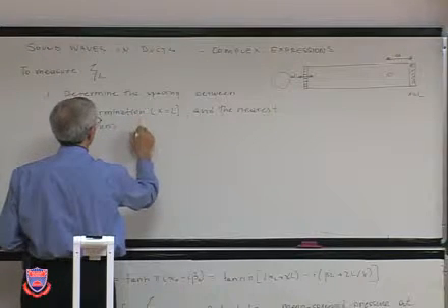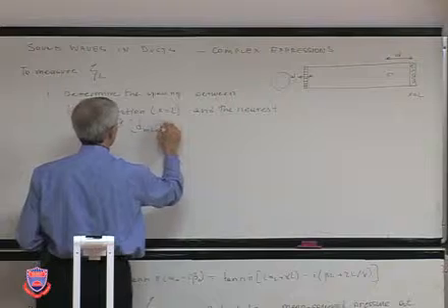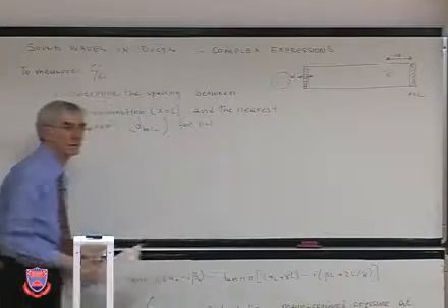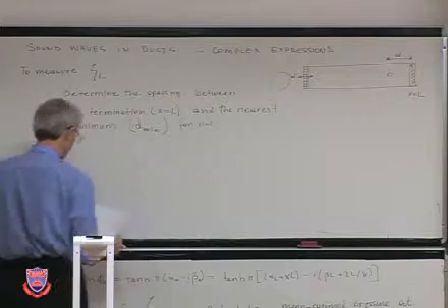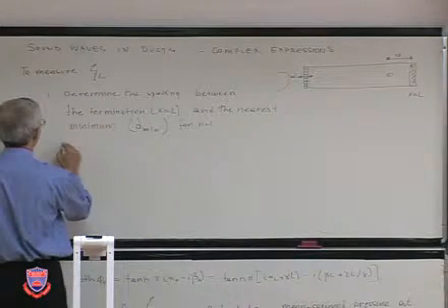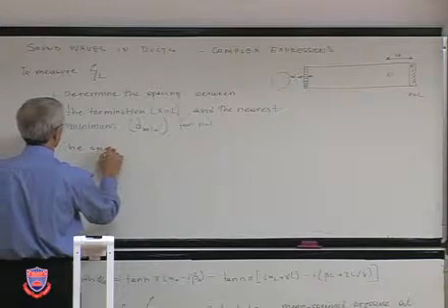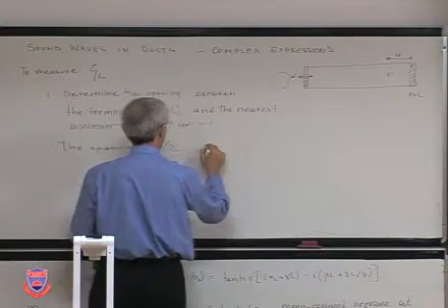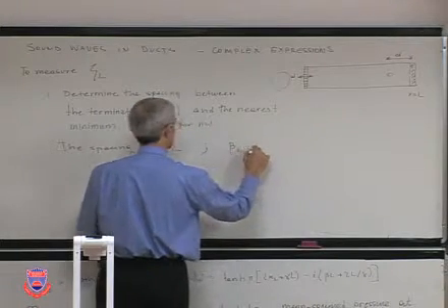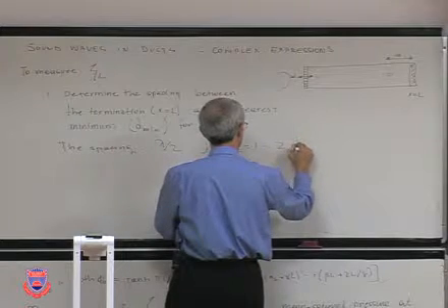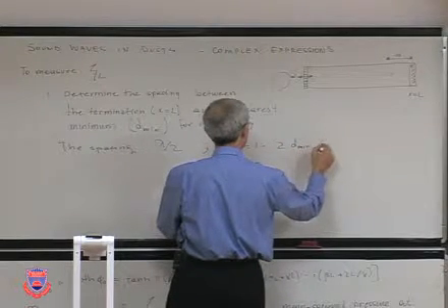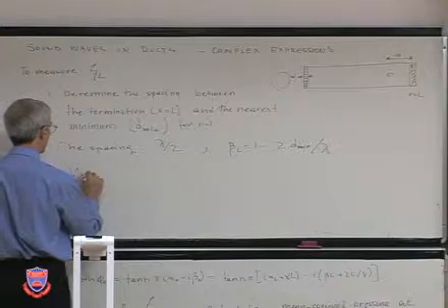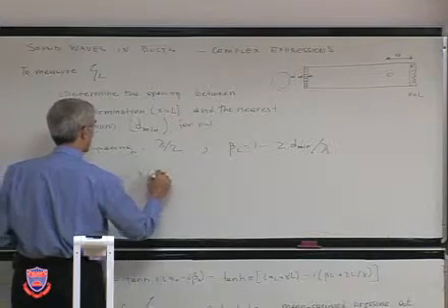And nearest minimum, of course, is, okay, for the spacing gives us half of a wavelength, and from here then the value of gamma is determined.